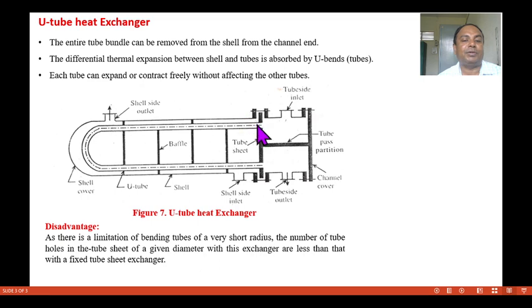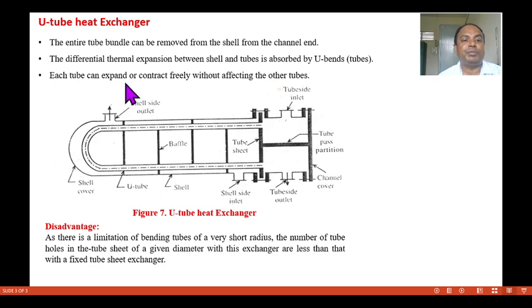Welding of shell and tube sheet causes the differential thermal expansion. That problem also has been resolved in the U-tube heat exchanger.